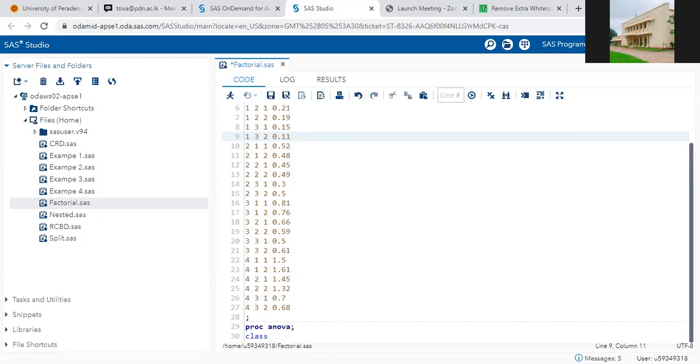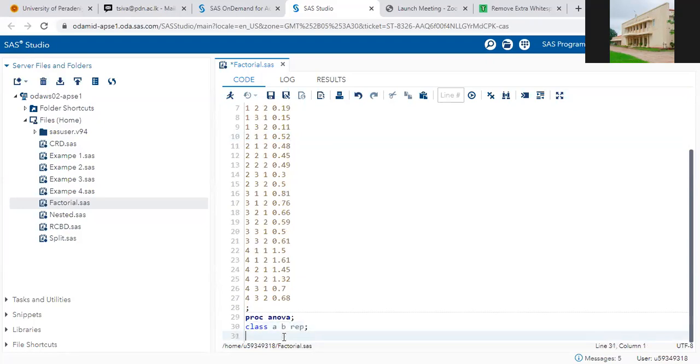Not only factor A, but look at it. They have some fixed values: 1, 2, 3, 4, something like that. These are categorical variables, classified variables. Anyone? Replicate, sir. Yes, replicate. Good. Factor A, factor B, and the replicate.